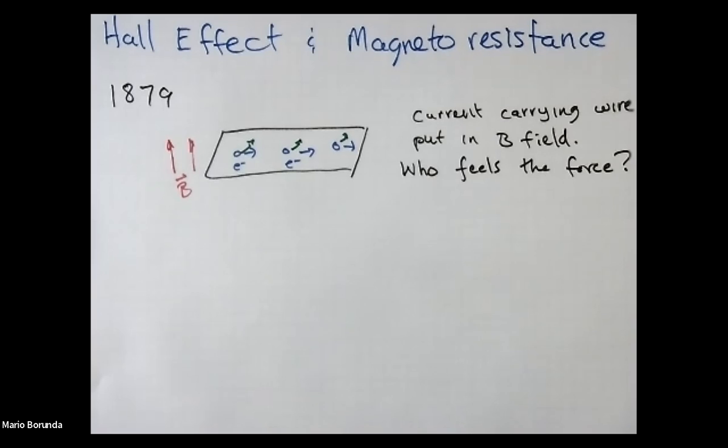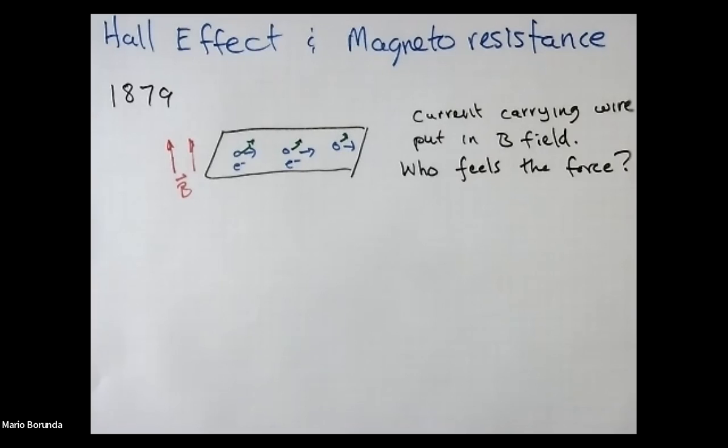Then he thought the magnetic field is trying to deflect the current, but it's not strong enough to deflect it. He's just stressing the current, but he's not able to deflect it. He didn't have a strong enough magnetic field. I mean, again, it's 1879. He probably couldn't get the magnetic field necessary to deflect them. He was only stressing them.